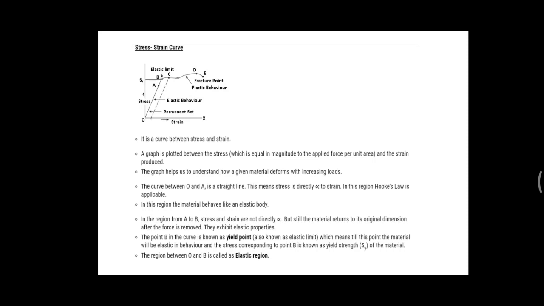Even so, if you remove the load or the stress, the body will regain its original shape or original dimension.